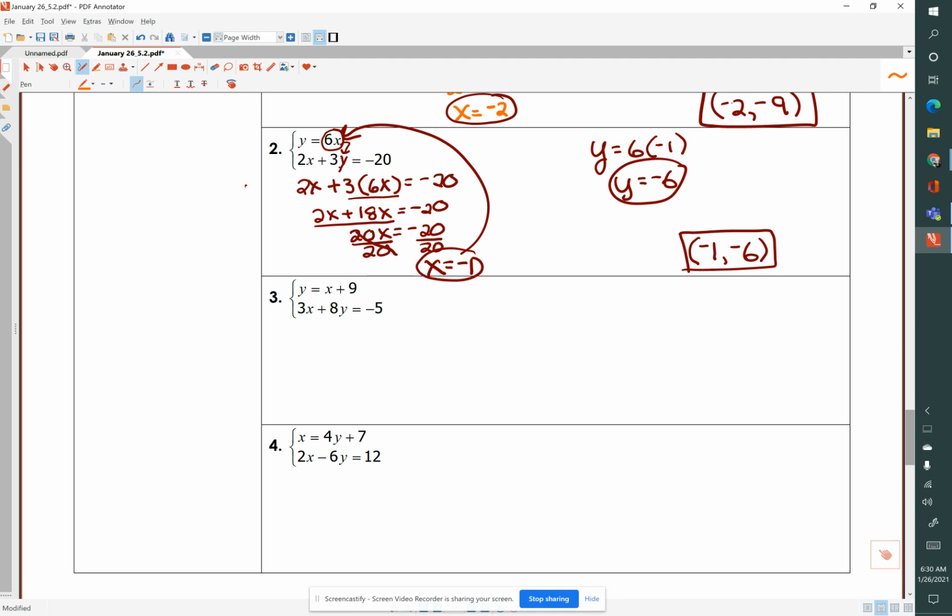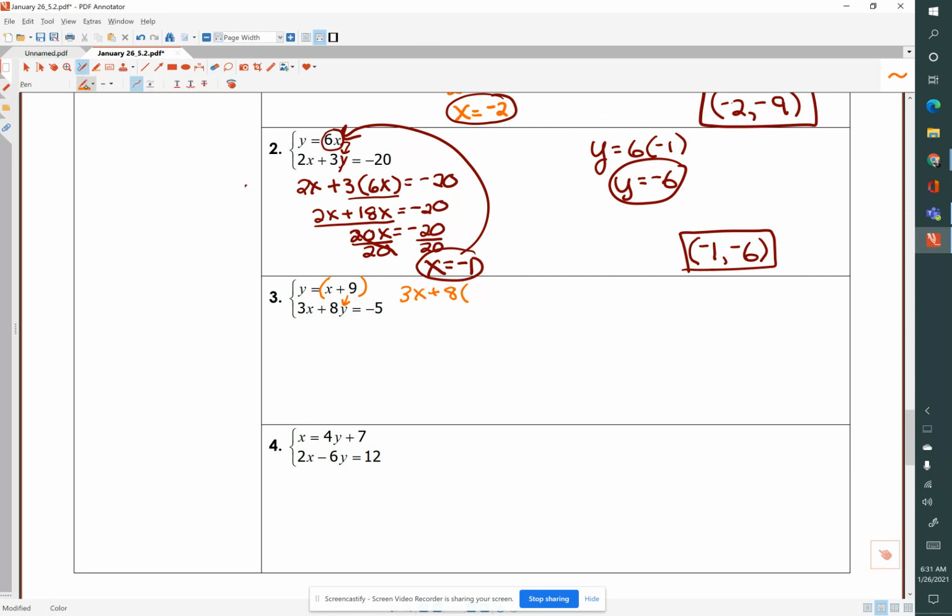Okay, so for number 3, I see that the first equation is already solved for y. So I'm going to go ahead and go with that. I will substitute x plus 9 for y in the second equation. So 3x plus 8 times x plus 9 instead of y. I almost wrote y.